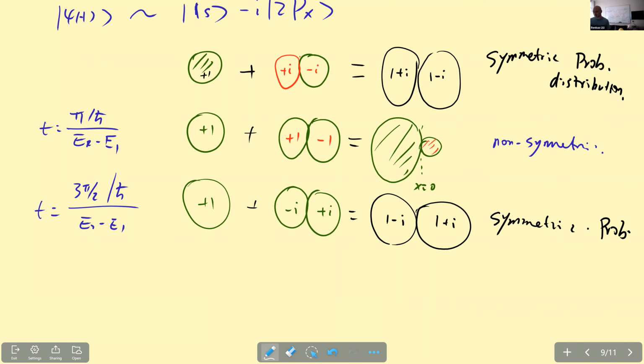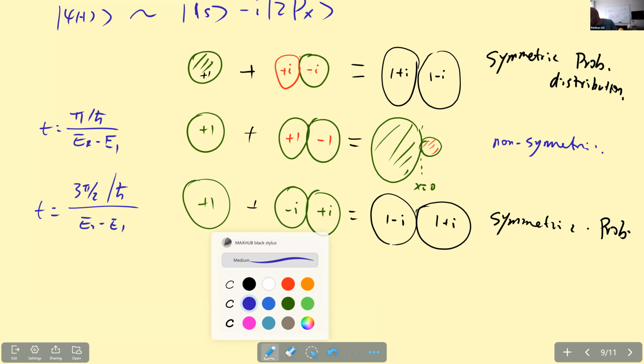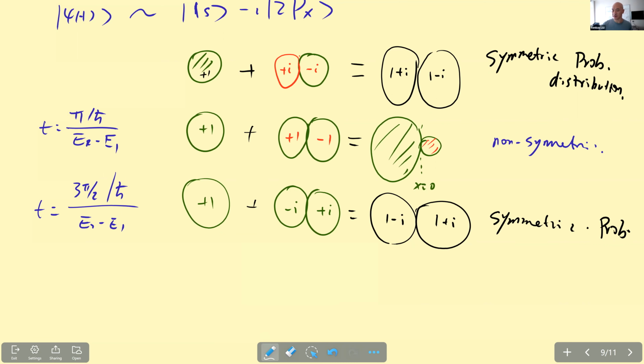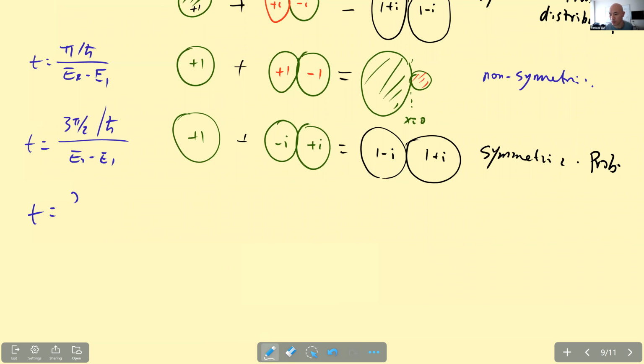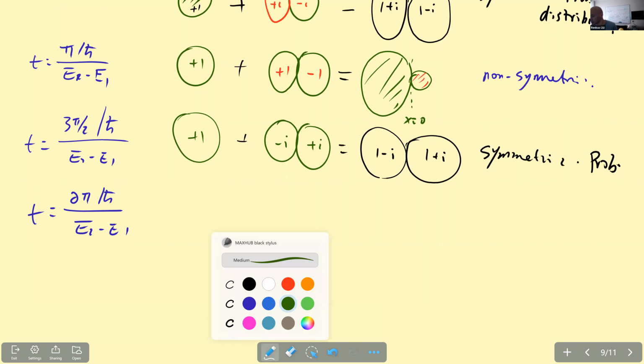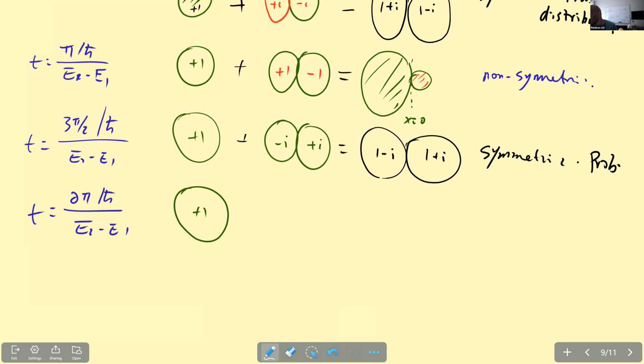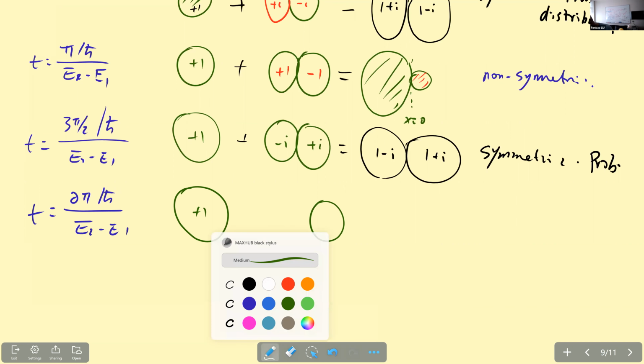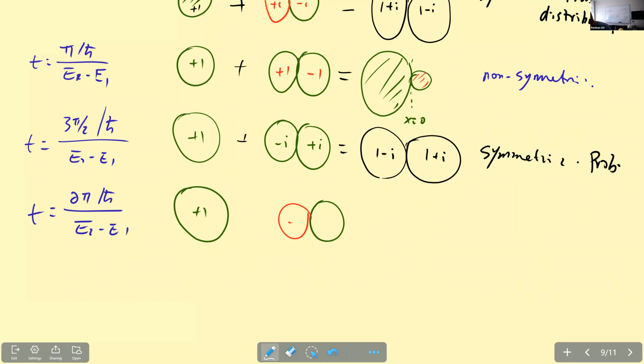Of course, you can also consider the case of t equals 2 pi times h bar over E2 minus E1. And again, you have this one to be plus 1. And now this one you have two parts, right? So minus 1, plus 1, and the summation gives us interference.